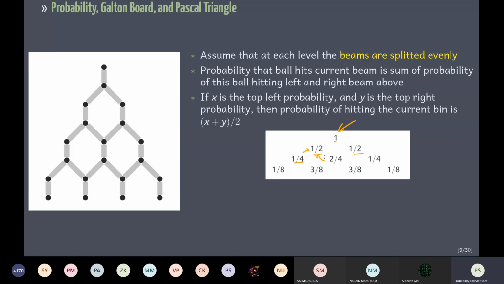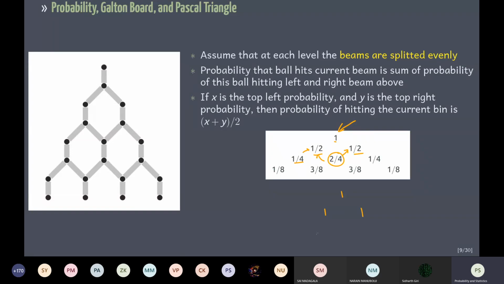This is half of this half, so 1/4, and then another half of the half, 1/4. So this is like 2/4, and this way you can fill. But the question is not to do this manually, but to understand the pattern. This looks similar to the Pascal triangle, except that you have the denominator here. If you forget the denominator, then it is like a Pascal triangle.